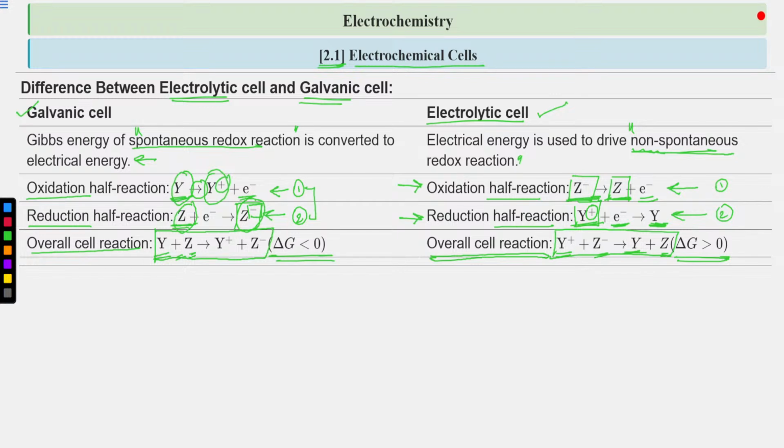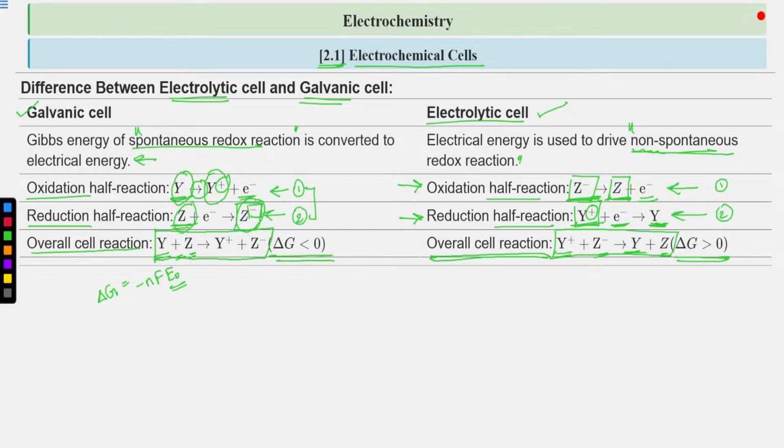Del G, you know, is basically minus nFE naught. Right, E naught is the electrode potential, or you can say the EMF of the cell. And you can decide the del G value according to the E naught for a particular cell, or vice versa. If you know the del G, you can easily know the E naught value.